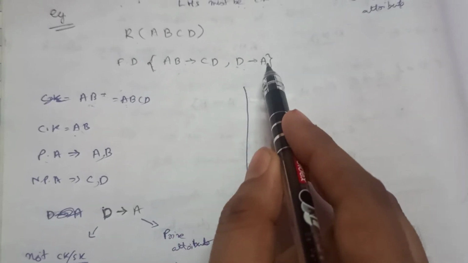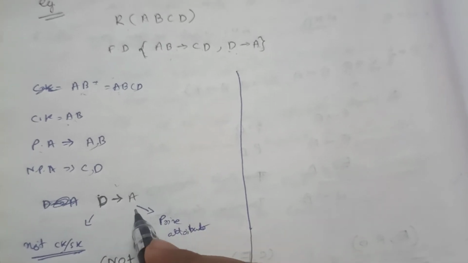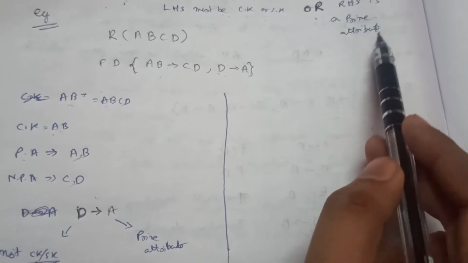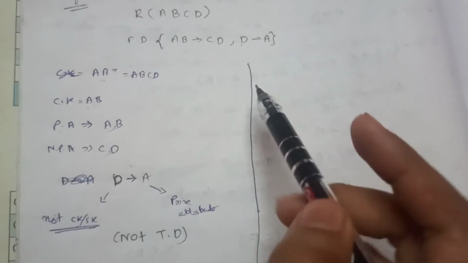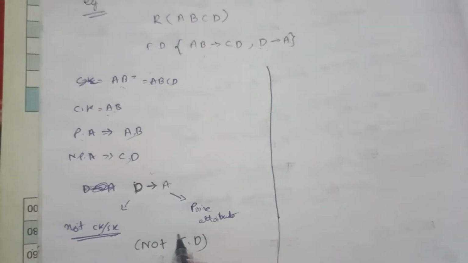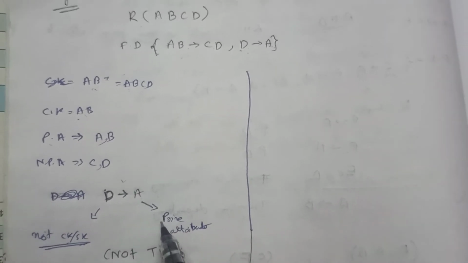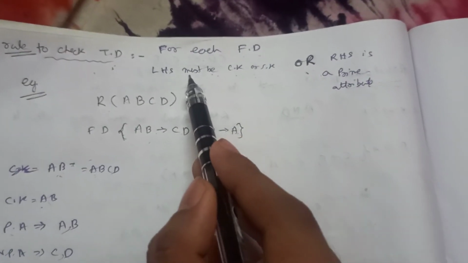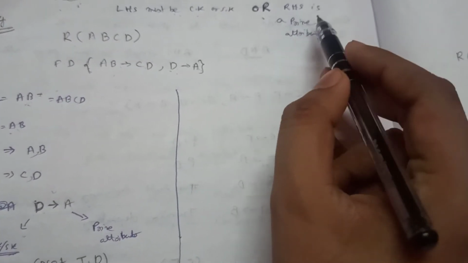D determines A. D is not a candidate key or a super key, so this rule is not satisfied, but A is a prime attribute on the right hand side, so that rule is satisfied.